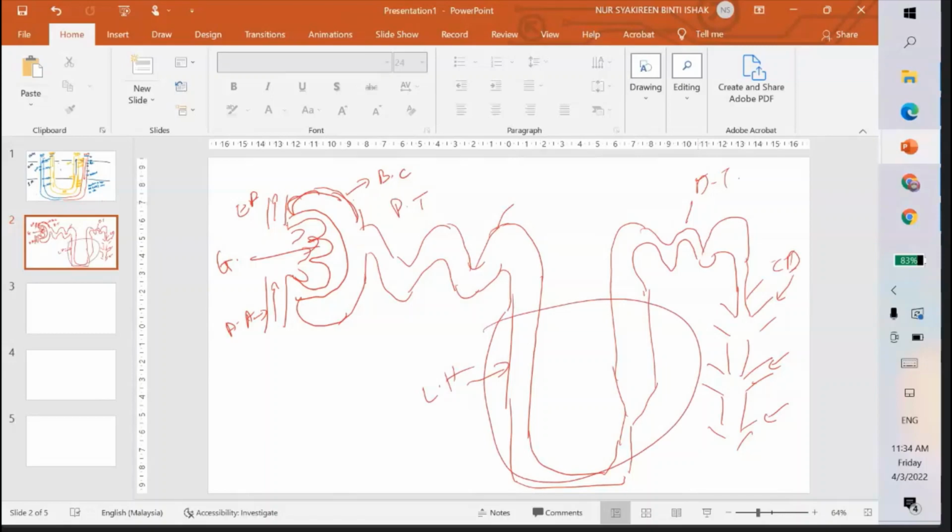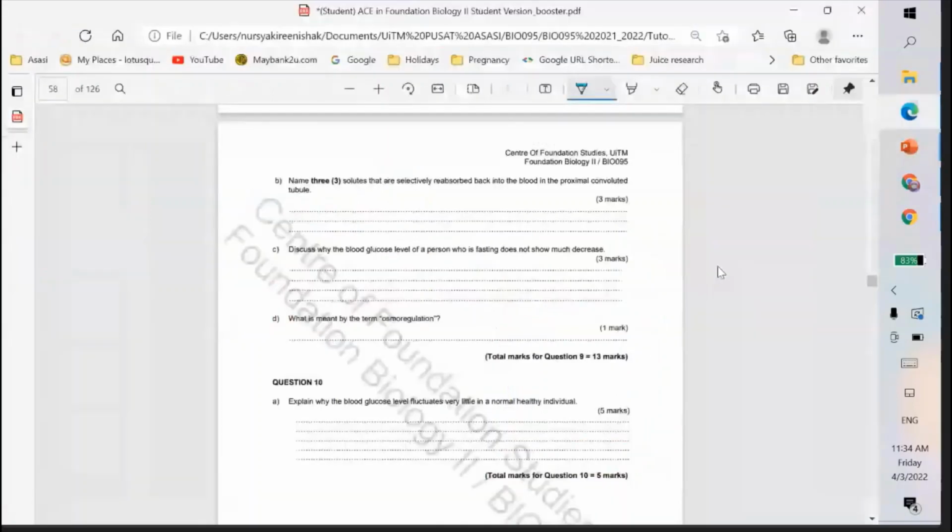So the next question. Thank you, Fakiha. Next is Yasmin. For B, name 3 solutes that are selectively reabsorbed back into the blood in the proximal convoluted tubule.